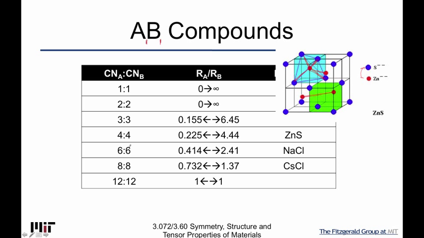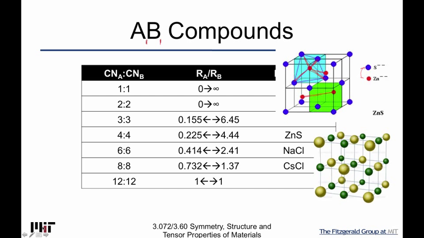The other case is that if I go up and say, aha, now I can possibly have an AB compound with a coordination number of 6 in each one. That's the famous sodium chloride structure.